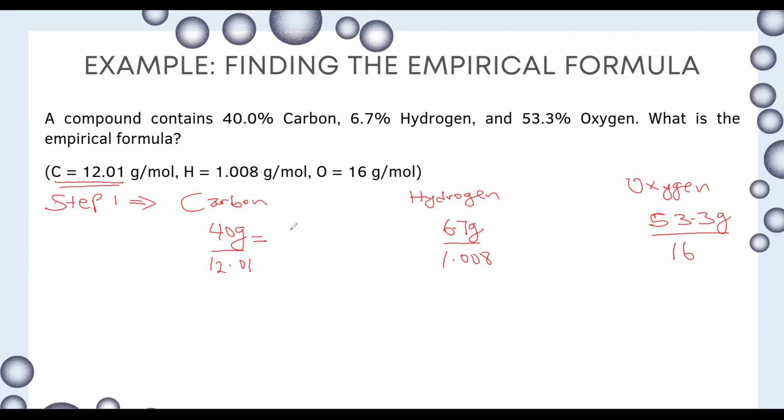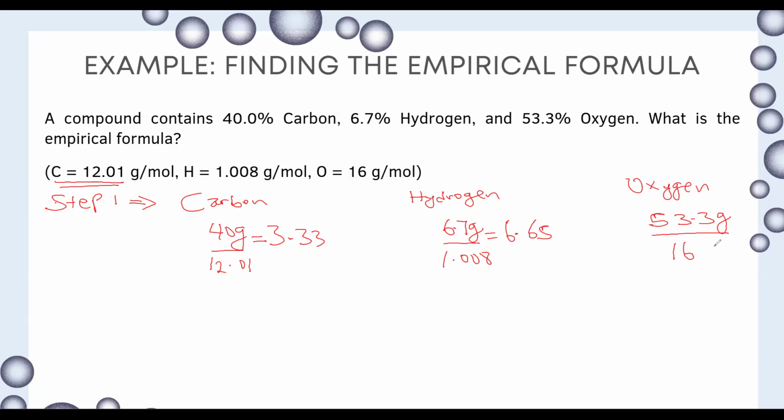So now, first things first, 40 divided by 12.01. I'm with my calculator here, that gives us 3.33. David, 6.7 divided by 1.008. What's the answer? This should give us 6.65.